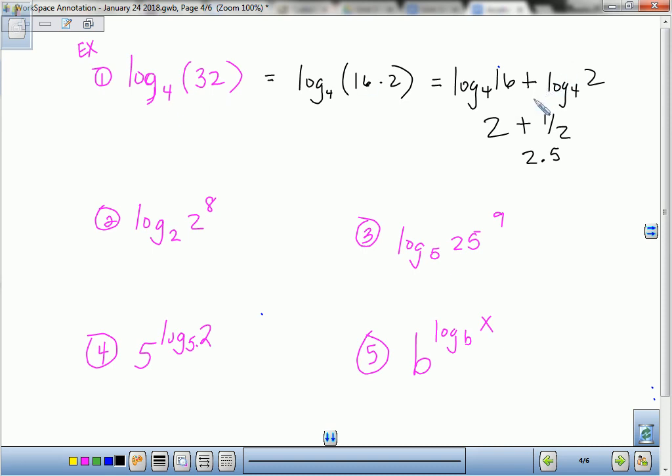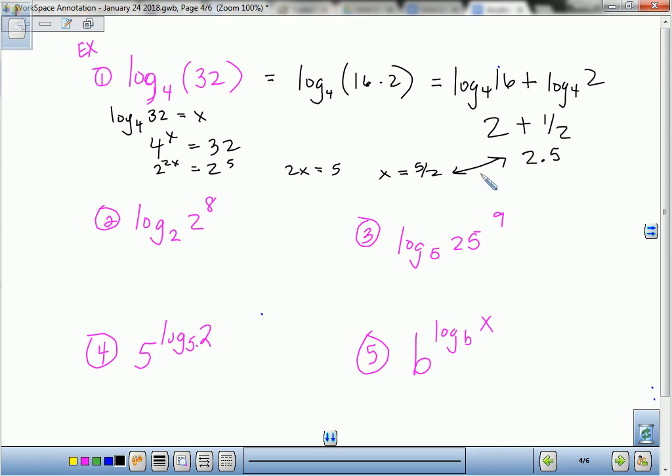Okay, so this is solving a problem a different way than we used to only do one way. Because this problem we used to write as log base 4 of 32 equals x. So 4 to the x equals 32. So 2 to the 2x equals 2 to the 5th. So 2x equals 5, and x is 5 halves. Are they the same?